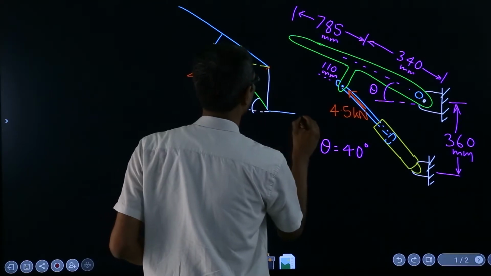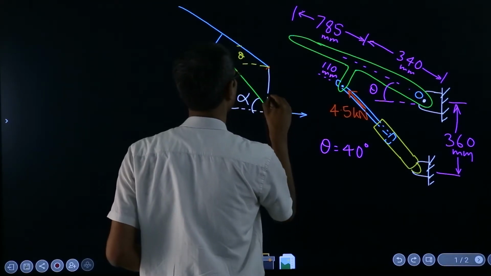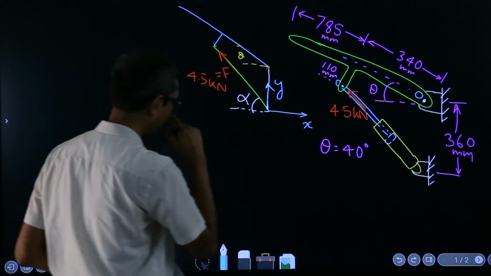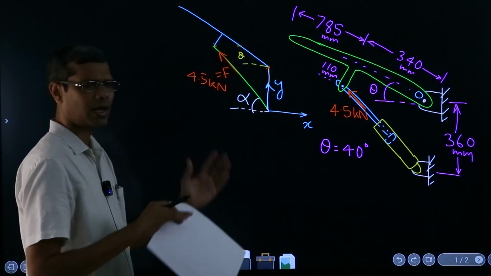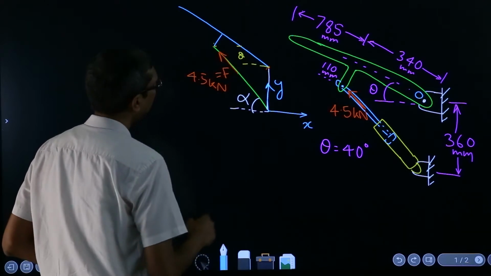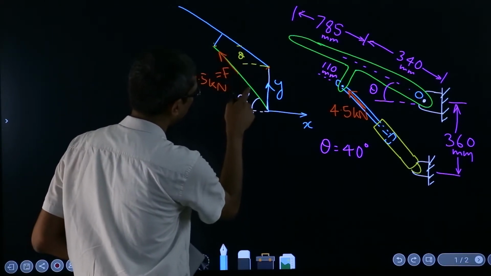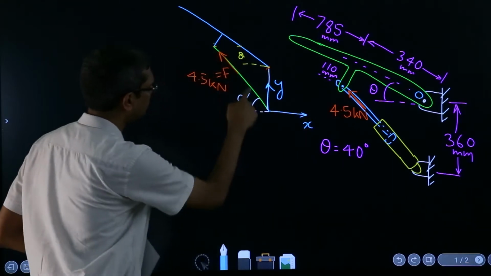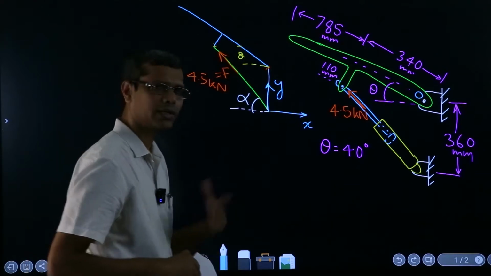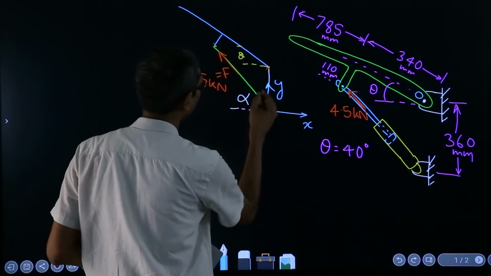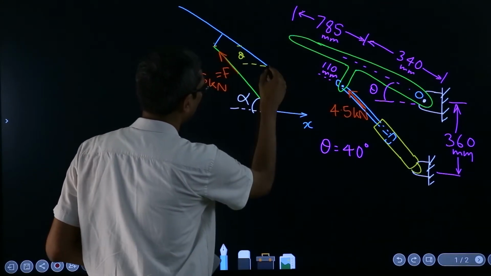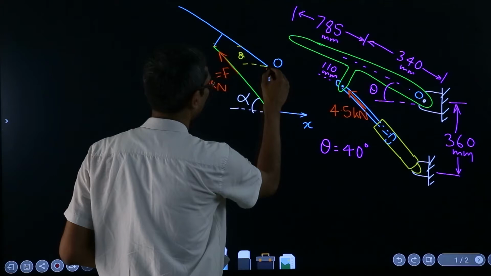Suppose I define a coordinate system here, which is say x and y. And in this coordinate system, I am going to solve everything basically. But then the main issue in this problem is to find out the vectors which are involved in applying r cross f, because I am supposed to find out the moment about this point, isn't it?